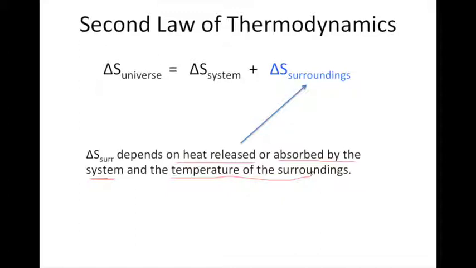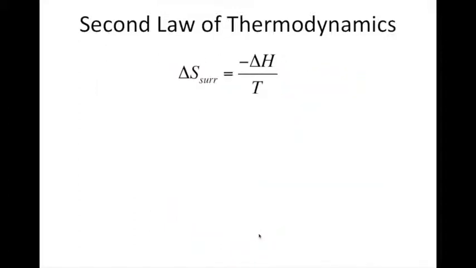So we know that the heat released or absorbed, if we have a system at constant pressure, is the same thing as the enthalpy. So we can express the change in entropy of the surroundings in terms of the negative change in enthalpy of the system divided by the temperature of the surroundings.